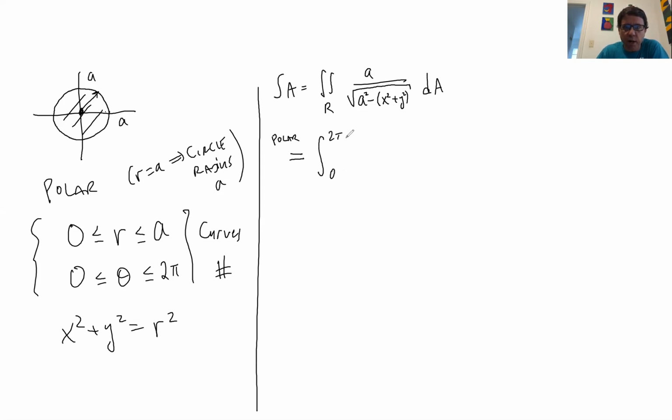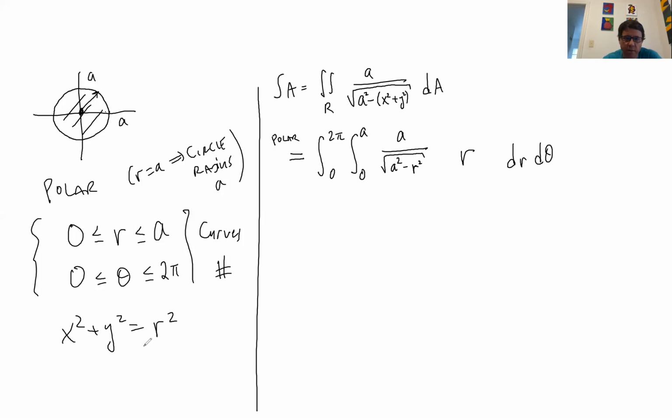0 to 2 pi d theta, the integral from 0 to a dr. This will become a over the square root of a squared minus r squared. And then my formula always has this extra built-in r. So the dA becomes all this stuff.